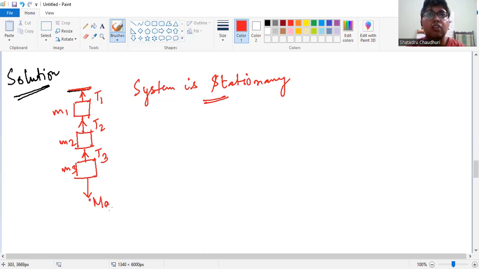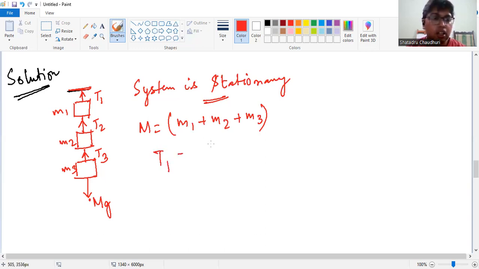Suppose M into g, where capital M is the total weight of the whole system, that is M equals M1 plus M2 plus M3. So T1 will be M1 plus M2 plus M3 into g.